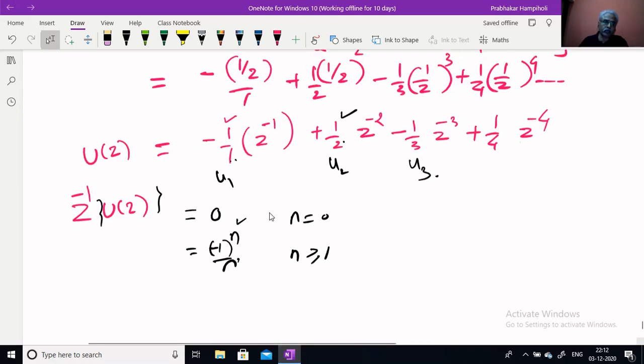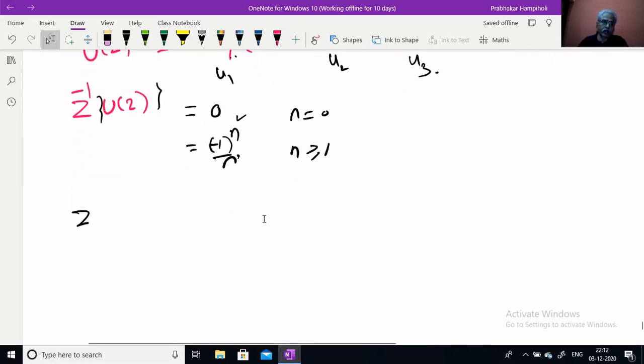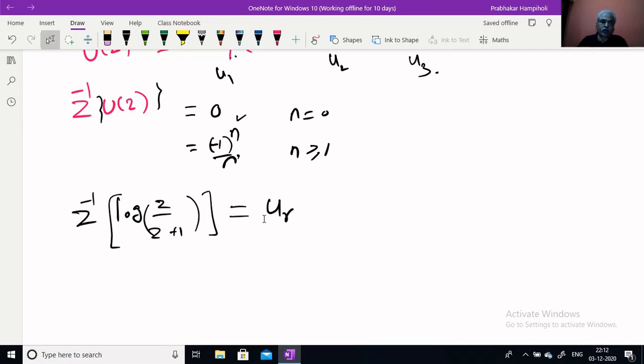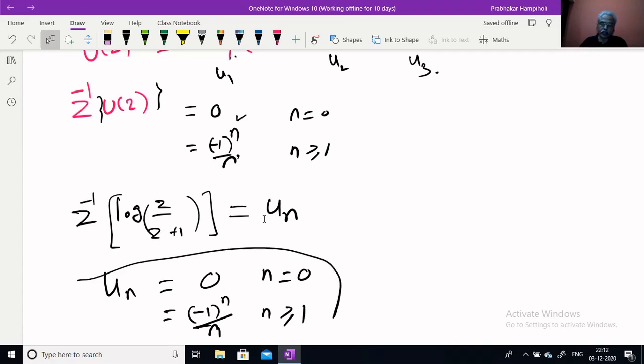So corresponding to the given function, the inverse Z transform of log of z by z plus 1 is u n, where u n is equal to 0 or minus 1 raised to n upon n, according as n equals 0, that is u0, or from u1, u2, u3 onwards.